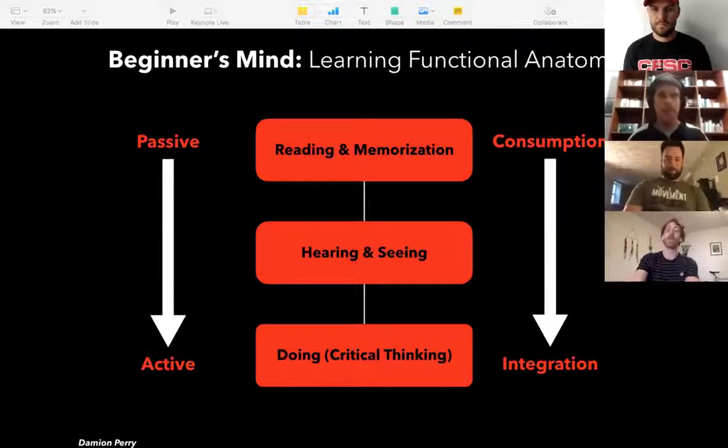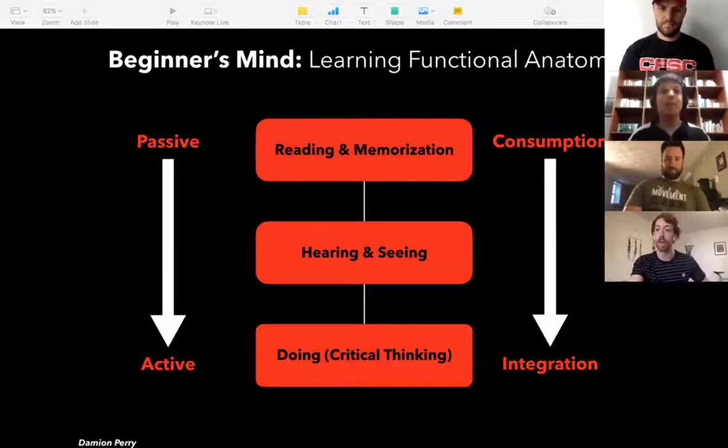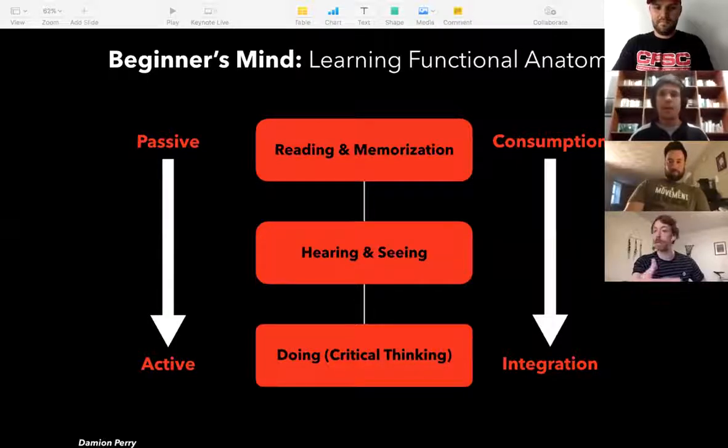So your first priority is to memorize, for the most part, a lot of this content. So it's reading books, making flashcards, using apps, going through some sort of material, but it's a passive level of consumption. You're just looking at it. There's no active component. You're not having to put some skin in the game and get out there and demonstrate this knowledge.